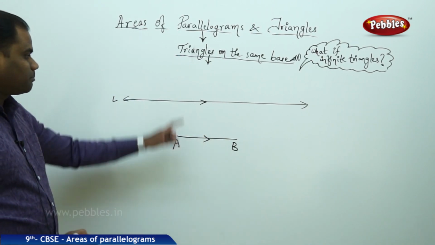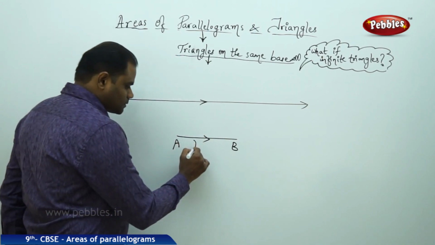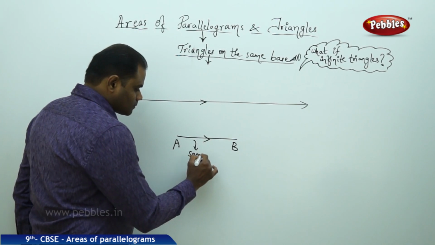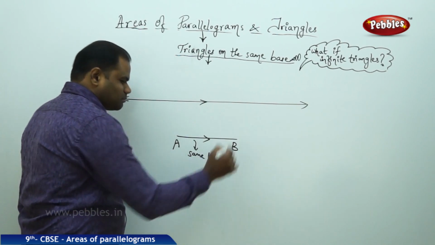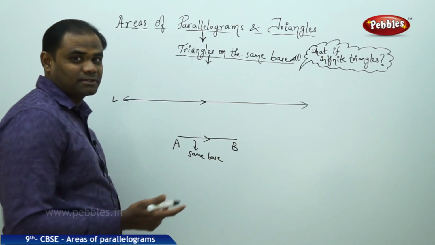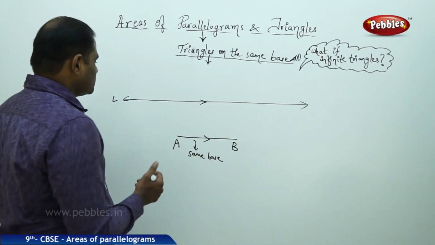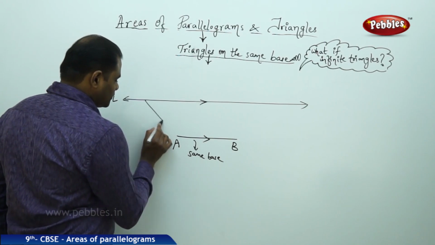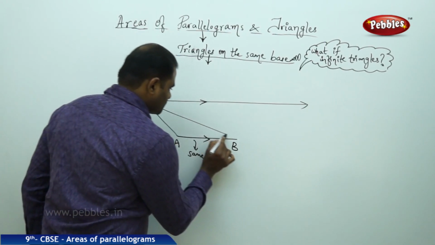Now between the same parallels with the same base AB, let me take more than two triangles. Just like in the previous case we took two triangles, now I take many triangles.